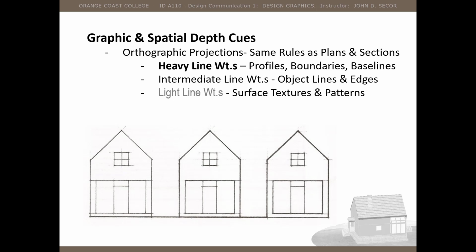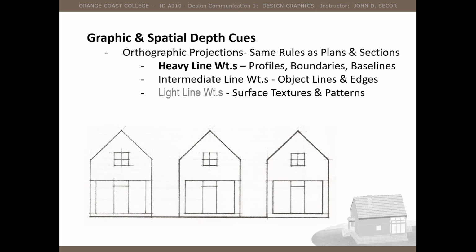The intermediate lines, or object lines, have a middle line weight that isn't as strong as the first or as light as a texture. They help us understand the content of the object. Often furniture or people would be represented with intermediate line weights. The light line weights are reserved for surface treatments.